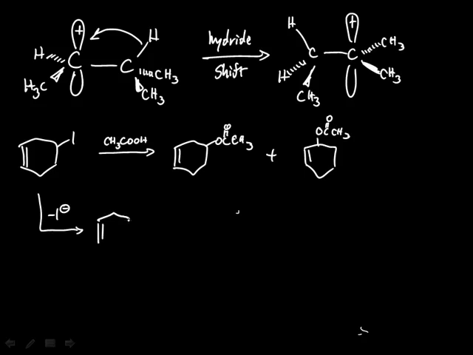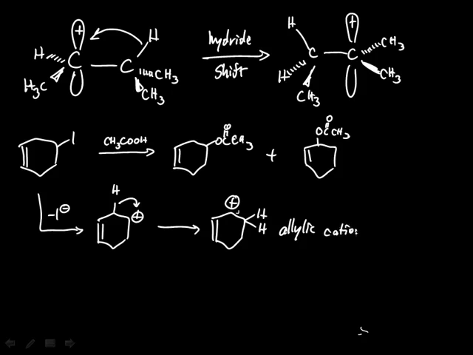We get our initial secondary cation, and then a hydride shift occurs to move the hydrogen over here and to give us a plus here. And this is a more stable allylic cation, which then gives us a product.